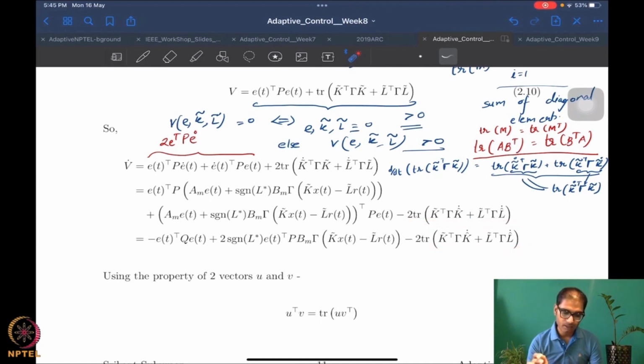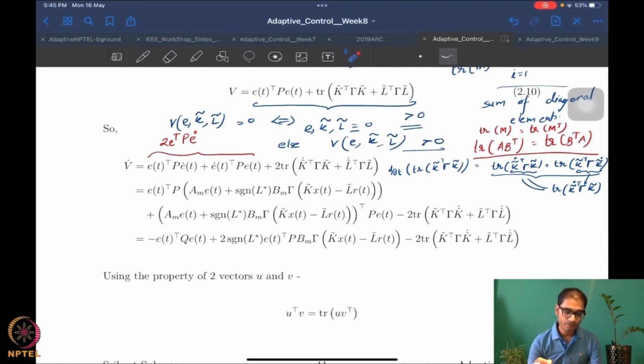I have flipped it here, and this is also flipped here. Do not mind, I can flip as many times as I want, because trace of M is equal to trace of M transpose. These terms remain as they are, just with the negative sign because k tilde dot has been changed to k hat dot, and similarly L tilde dot has been changed to L hat dot. That's what brings up the negative sign.